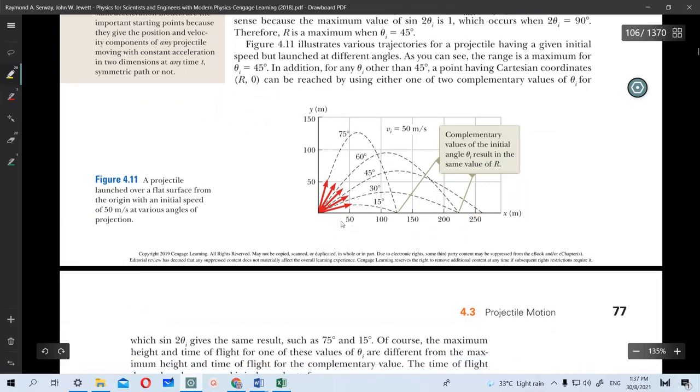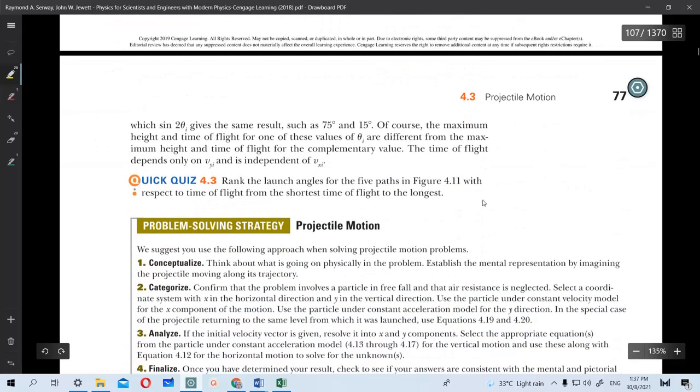Now, this is an example of how we vary the angle, provided that the initial velocity is the same. We will find that the largest X displacement belongs to the angle of 45. But this is just to look at. You would not be asked to memorize it.